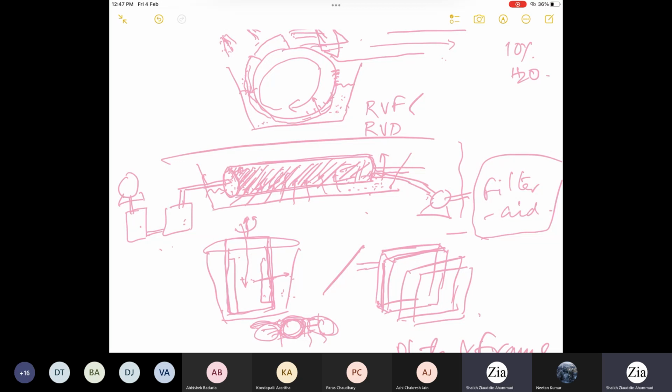Whereas for yeast extract or yeast production, we don't use any filter aid. We just use any of these filter systems and then recover the cake, because then we process the cake in different other systems for harvesting the yeast.